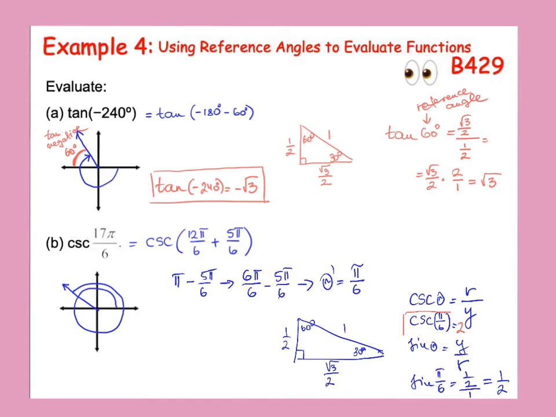So cosecant pi over 6 is going to give me 2. So now I need to decide if that is going to be a positive or a negative 2, because we are in quadrant 2. So cosecant in this quadrant is going to be positive. So my final answer is cosecant 17 pi over 6 will have a value of 2.